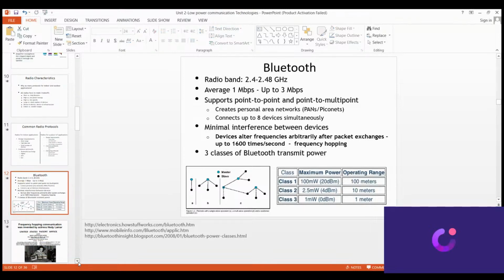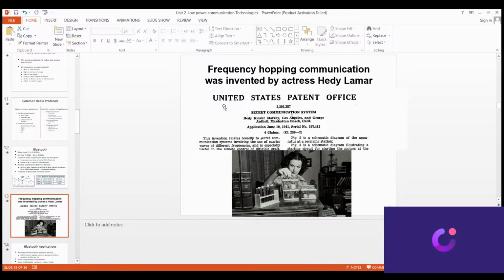Frequency hopping communication was invented by actress Hedy Lamarr of the United States. This invention relates broadly to secret communication systems involving the use of carrier waves of different frequencies, and is especially useful in the remote control of craft and so on.